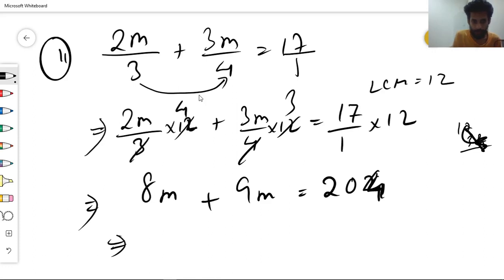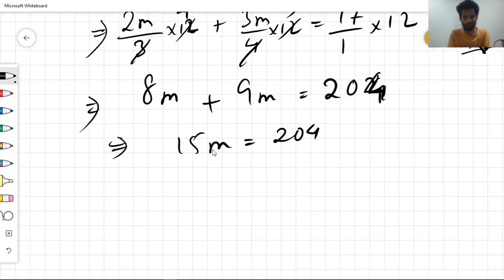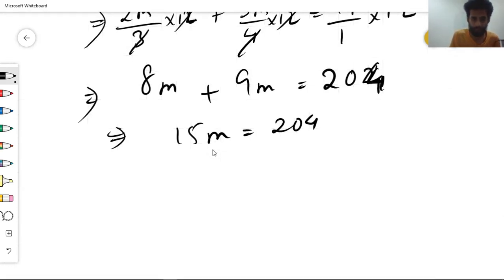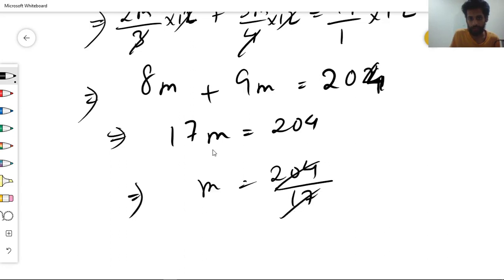So after this, 8 plus 9, this is not 15, it is 17. 17m is equal to 204. Then m is equal to 204 divided by 17, so it will be 12 here. So the answer is 12. Okay.